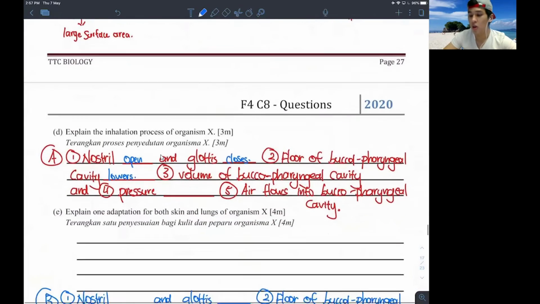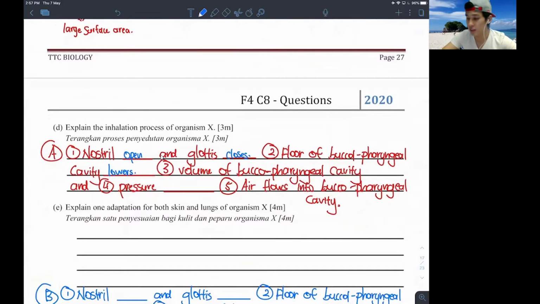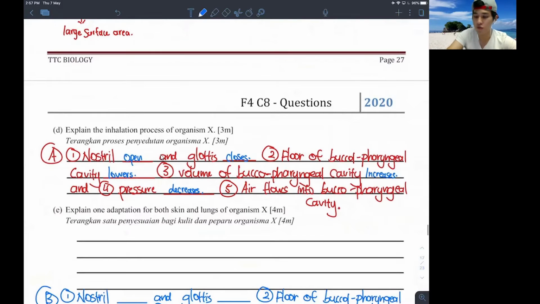You see, volume of buccal pharyngeal cavity increases and pressure decreases.